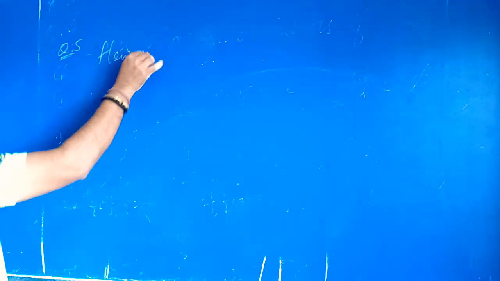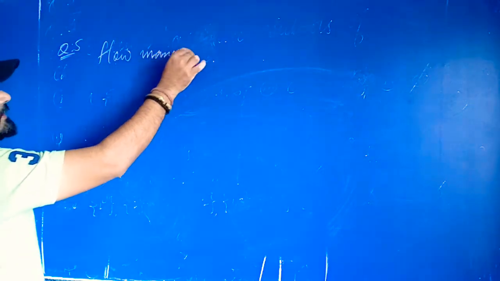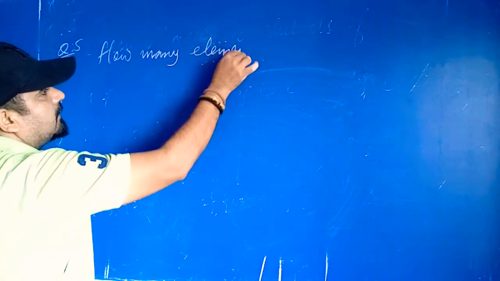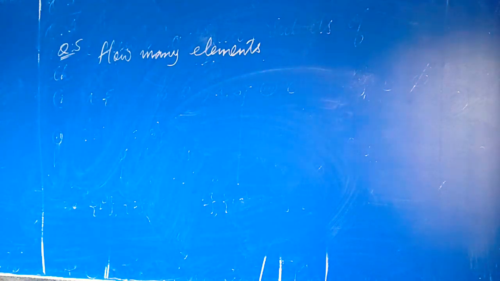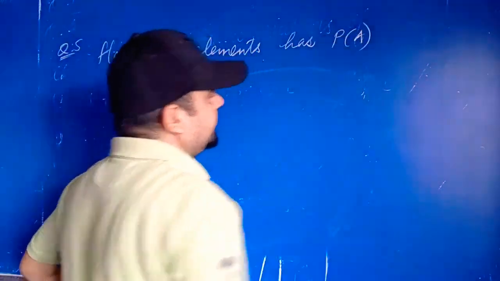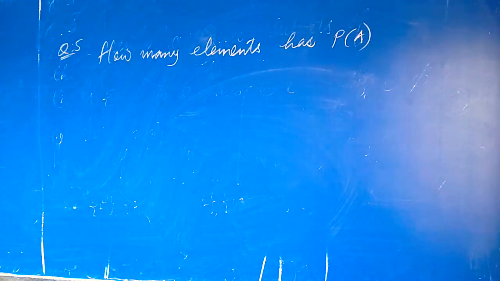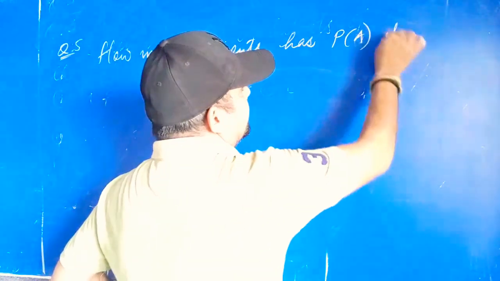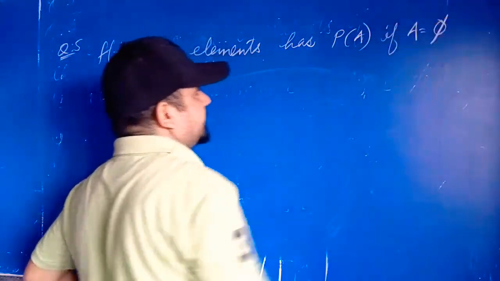Let's see question number 5. Okay. 5. How many elements has the power set of A? It is a 1 marker, it can be asked in the exam for 1 mark. Question number 5: how many elements has the power set of A if A is equal to 5.